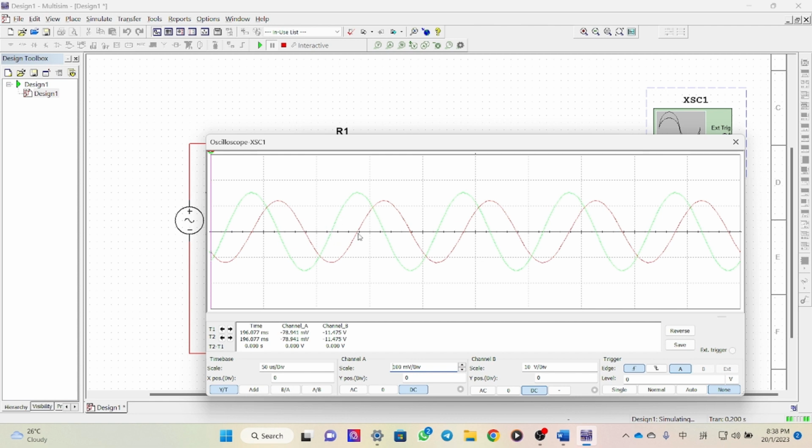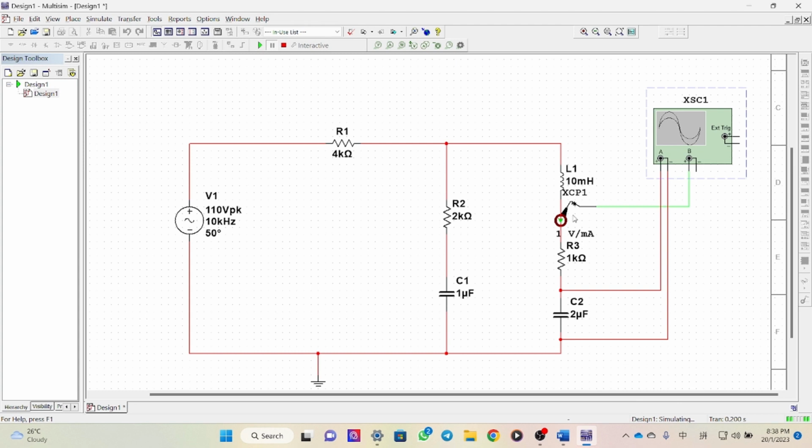So the current will lead the voltage by 90 degrees. So the phase difference for C2 is negative 90 degrees. Same step is used for the others like R2, C1 and R3. So my explanation stops here. Thank you.